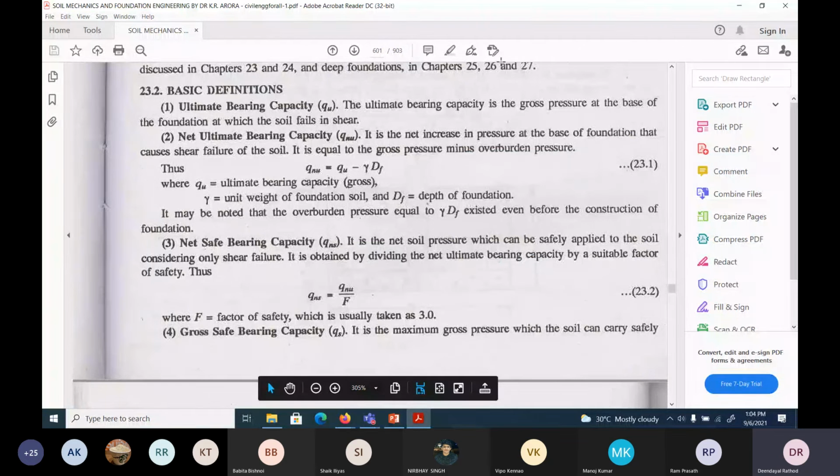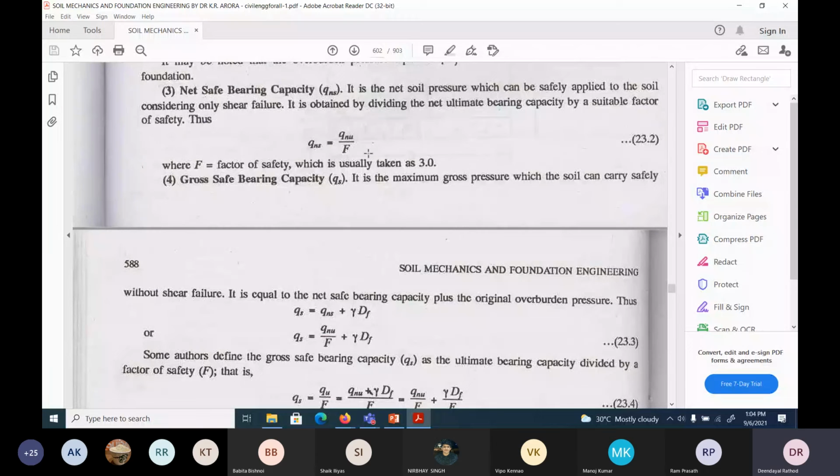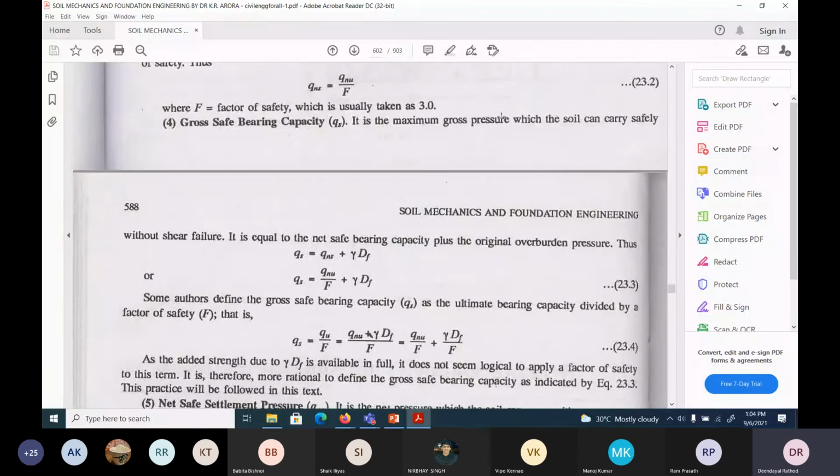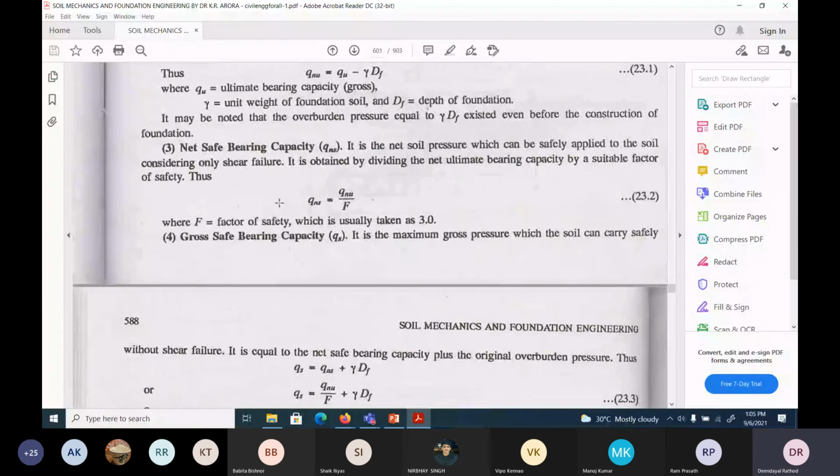Now, gross safe bearing capacity is the maximum gross pressure which the soil can carry safely, that means without shear failure. It is equal to the net safe bearing capacity plus gamma Df, the overburden pressure.